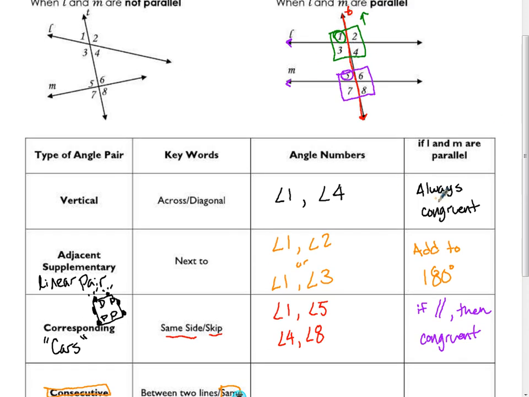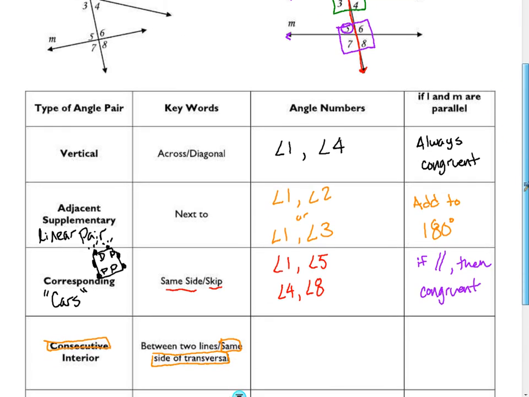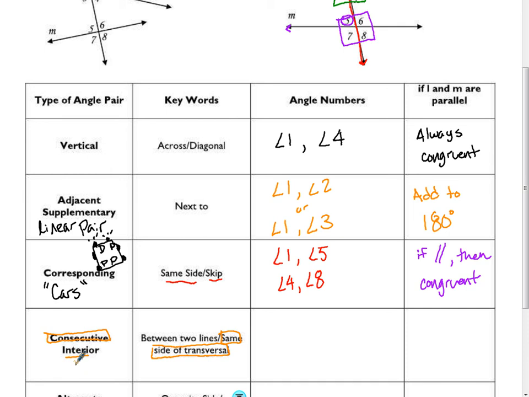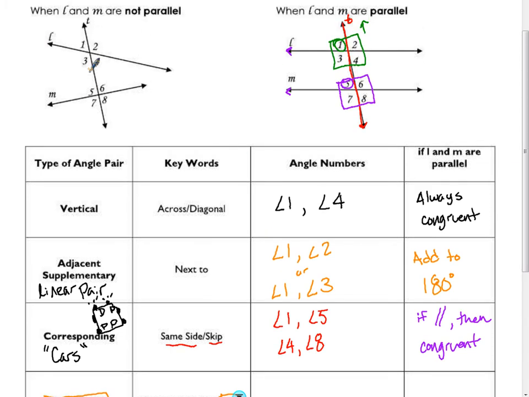So same side, inside. That's my little saying. Same side, inside. So when I look at this picture up here with L and M and T, same side of the transversal, T, so same side, like 5, and inside means 3 and 5 because they are inside the two other lines, not the transversal. They're inside L and they're inside M.